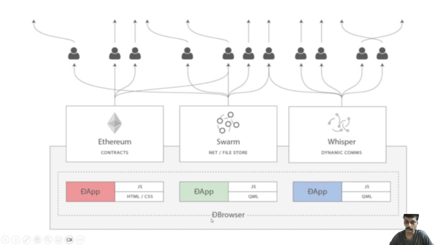So using the browser, a decentralized browser like Brave, or you can use Chrome with the decentralized wallets, where you pay the fees and you execute the contracts.